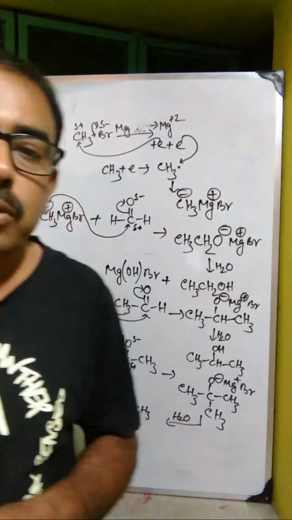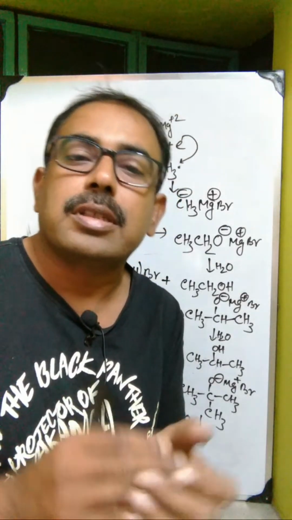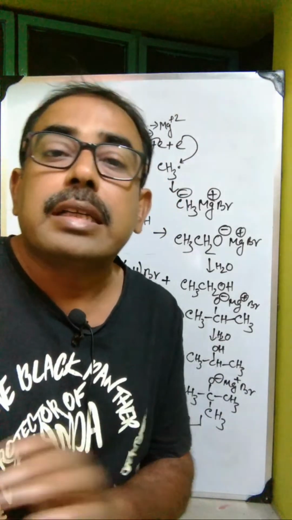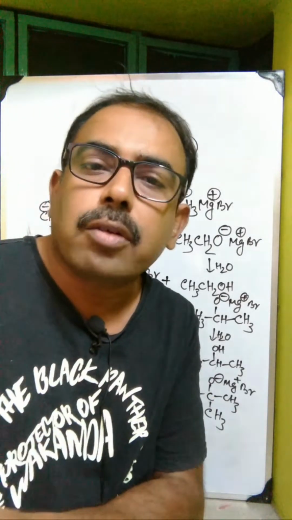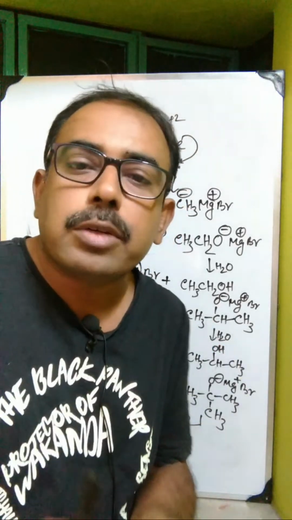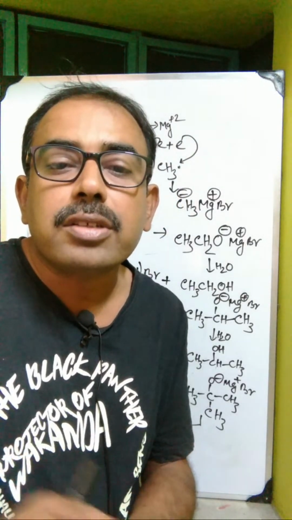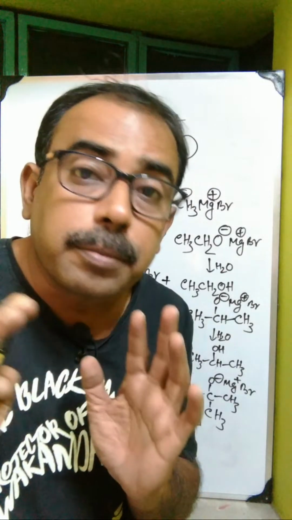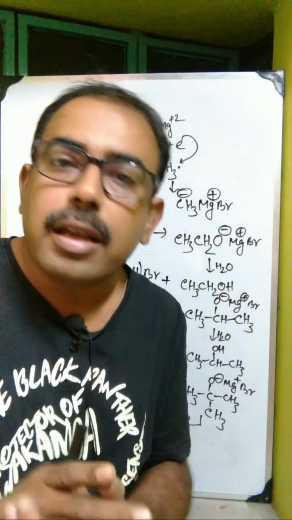So this alcohol is called a tertiary alcohol. The conclusion is that when Grignard reagent CH3MgBr or CH3MgI is treated with formaldehyde, a primary alcohol is formed. When it is treated with acetaldehyde, a secondary alcohol is formed, and when it is treated with a ketone, a tertiary alcohol is formed.